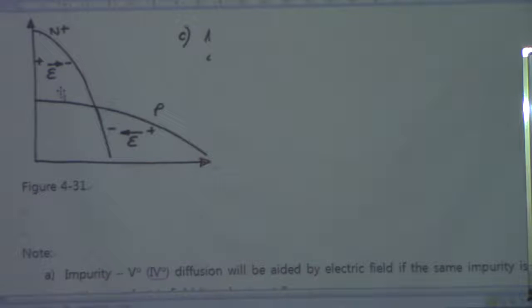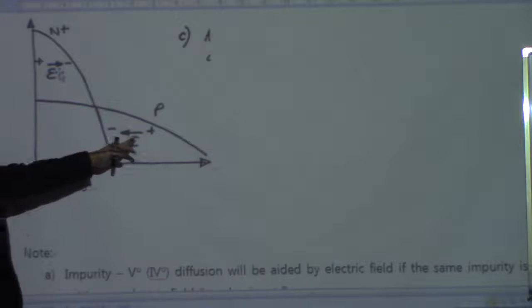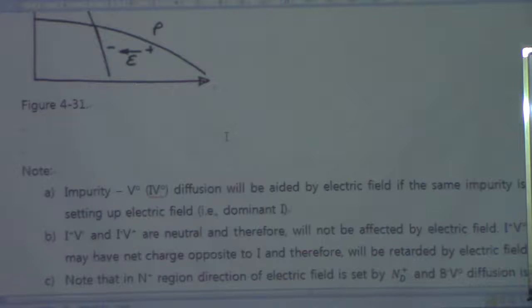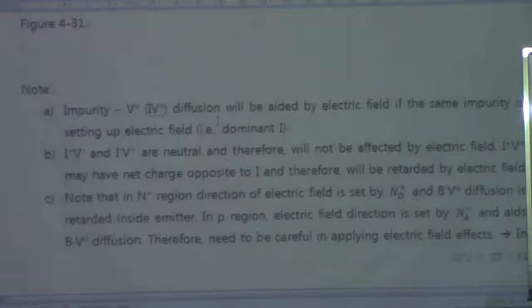Your diffusing species is, in this case, the positively charged one, and here the negatively charged one, for phosphorus and boron, so the enhancement due to the electric field may work differently.